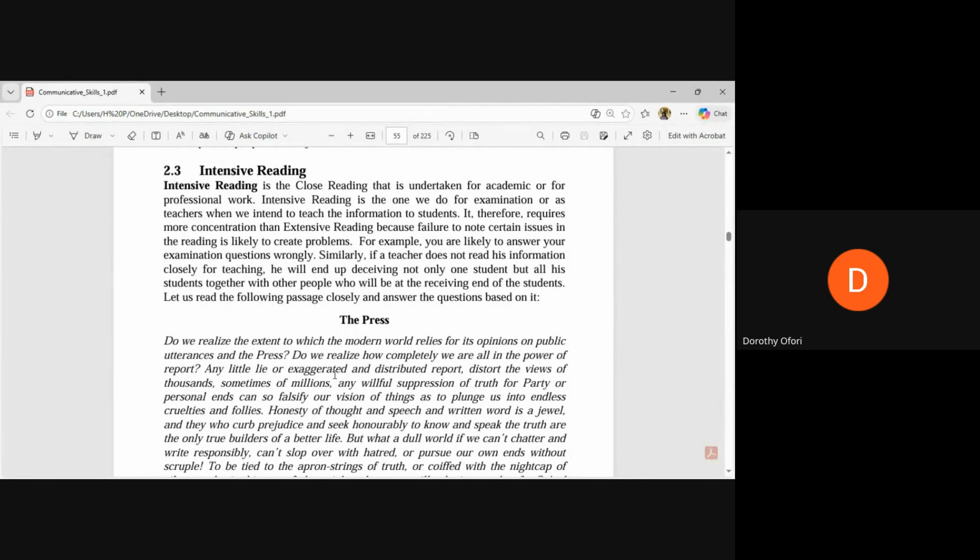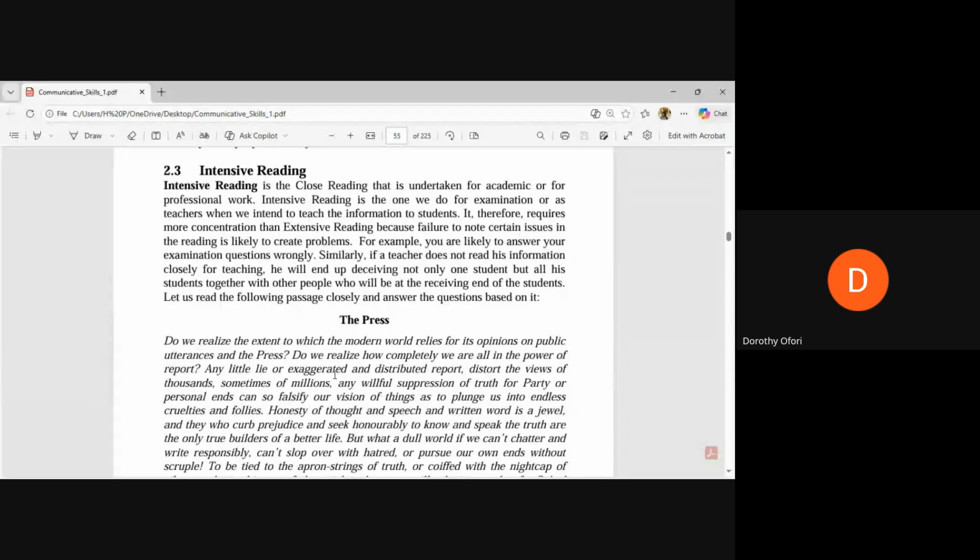It is in your field, in your line of work, in your line of study. So when we compare extensive and intensive reading, intensive reading requires more concentration because you are reading for exams and for professional work, so you have to concentrate more. Okay, that is all about intensive reading.